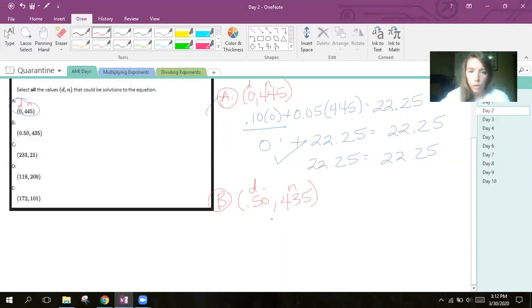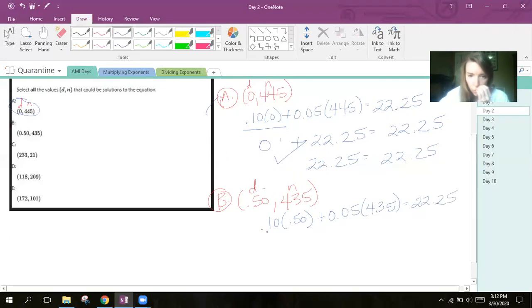So we're going to plug that into our equation again. So I have 0.10 times 0.50 plus 0.05 times 435, and that should equal 22.25.